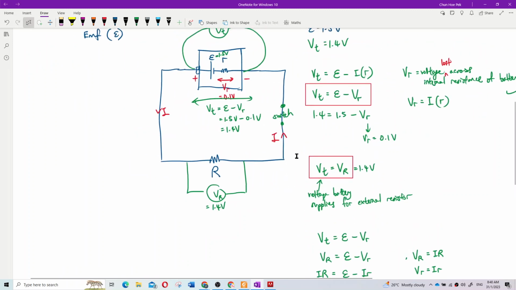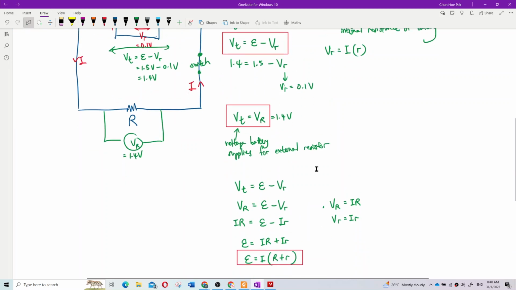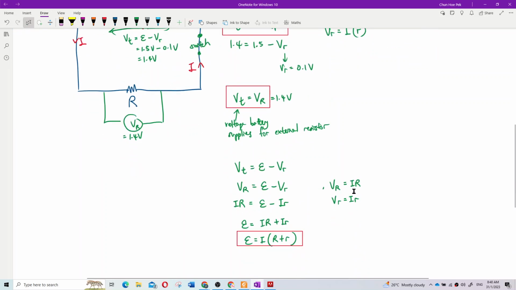Yes, you can calculate the current, because you see, this is the one. V equals IR, I can calculate the current from here. Let's say your voltage across the external resistor is 1.4 volt just now, and your resistance is 10 ohm.